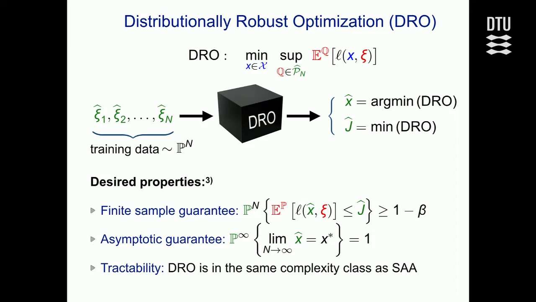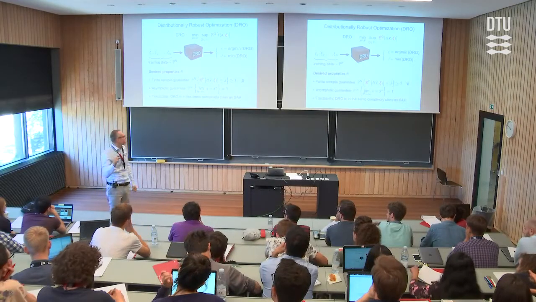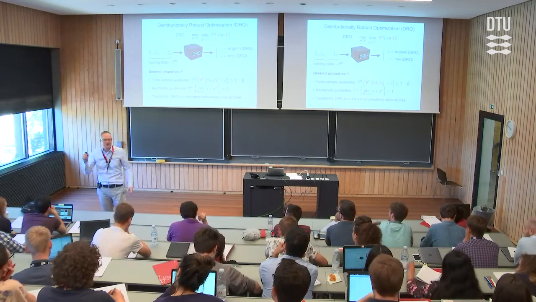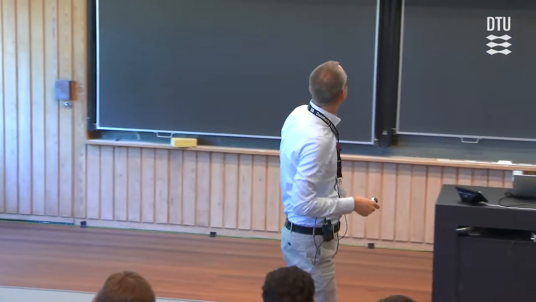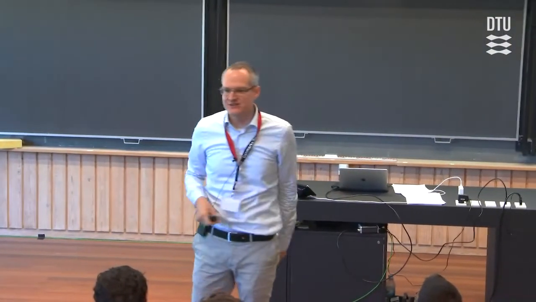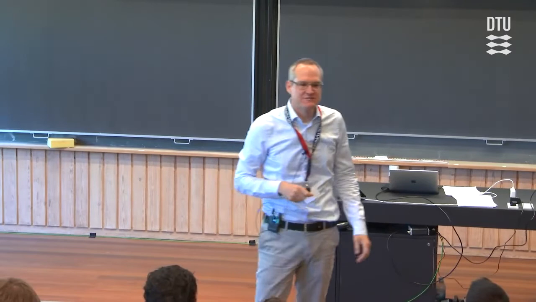Now that seems maybe to be a lot to ask, because this looks much more complicated. We don't only have one distribution, we have possibly infinitely many distributions in our ambiguity set. For each of these distributions, we have to calculate the expected loss for every possible decision x, and then we have to maximize over these distributions and in the end minimize over x. So this seems difficult.